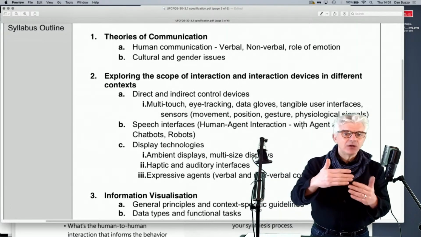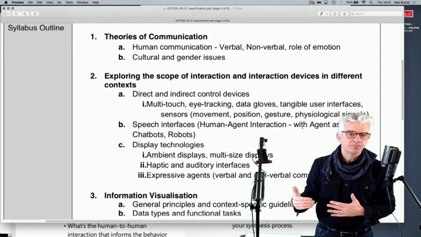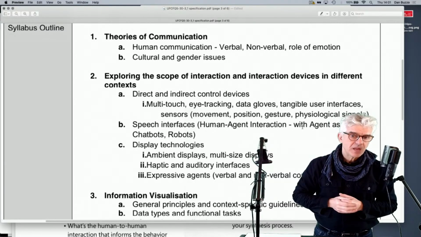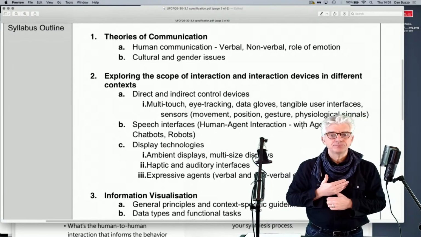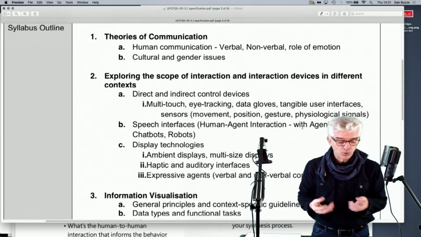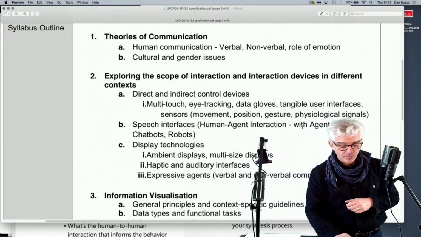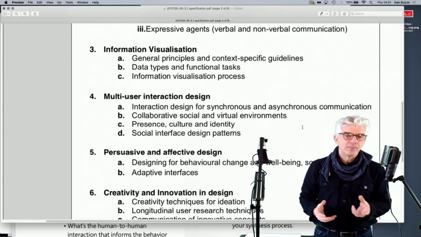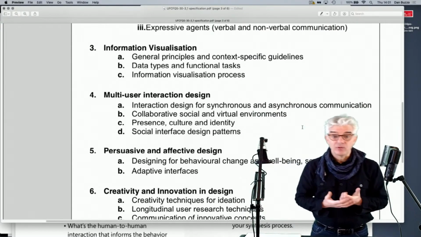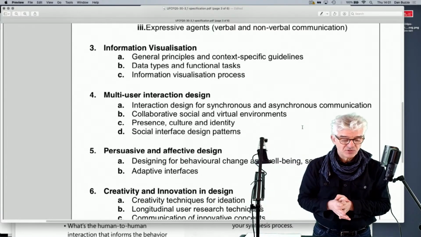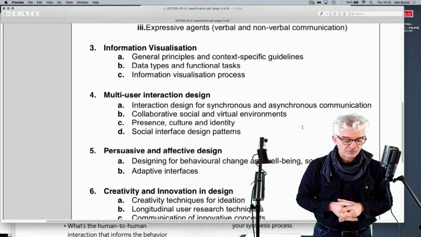The idea of layering of information, removing interruption, and having layering of availability of information to people. We've also talked about haptic and auditory interfaces and verbal and non-verbal communication. You'll look at information visualization, talk about general principles and context-specific guidelines, talk about data types and information visualization processes.